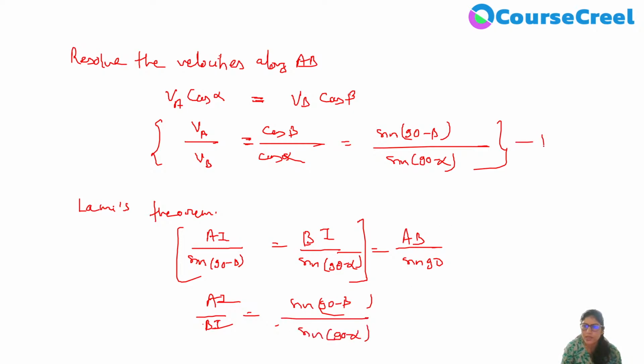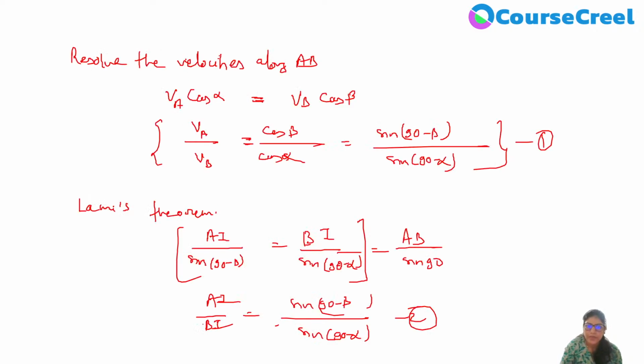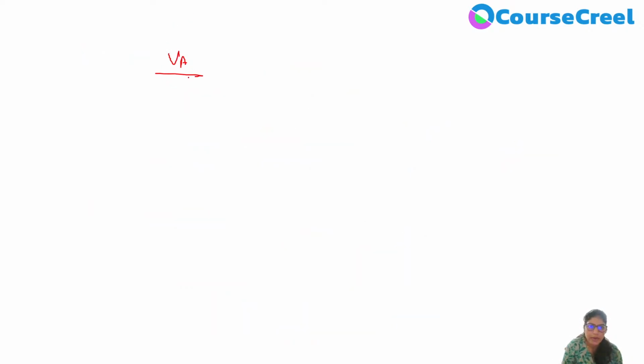Suppose this is equation 1 and this is equation 2. Both equations can be equated. So we can write VA divided by VB equals AI by BI. So VA by AI equals VB by BI.